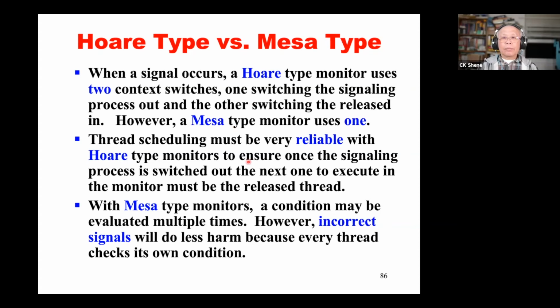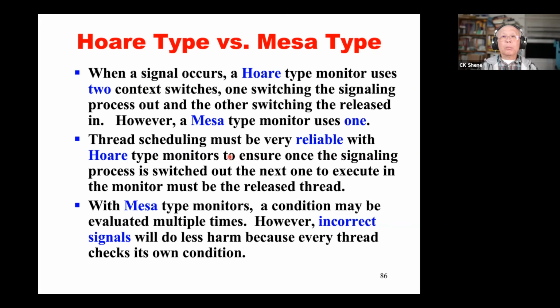Now, for running threads, we have thread scheduling. Under the Hoare type monitor, this thread scheduling has to be extremely reliable because right after the signaling thread signals, the released one will run immediately.